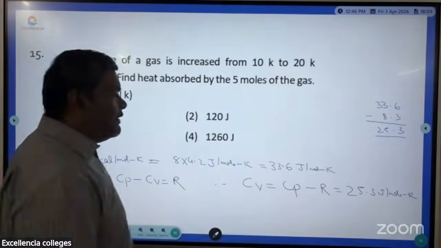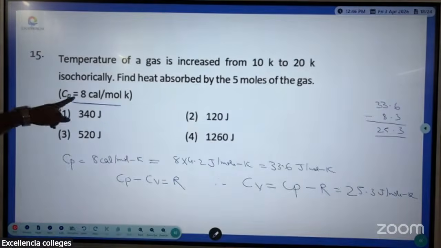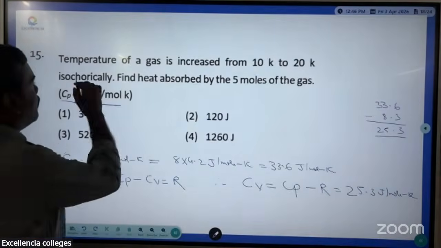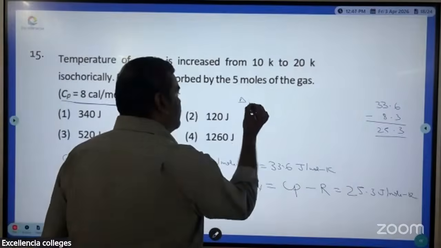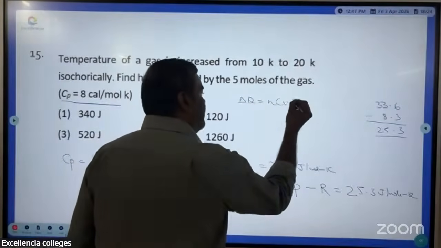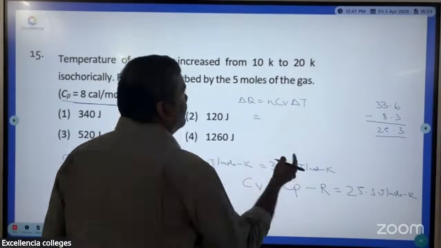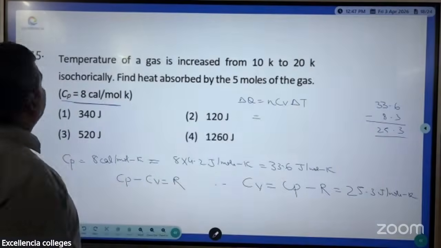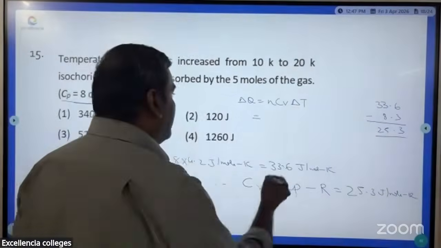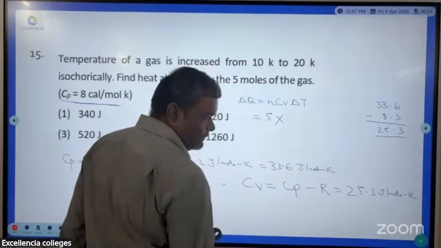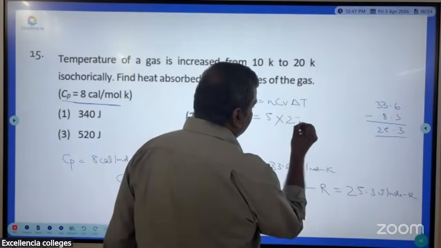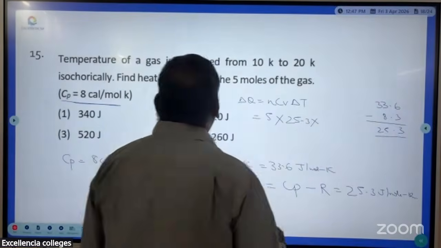Right. So this is the value here, and we can find out the heat absorbed. It's isochoric, so delta Q is equal to n into Cv into delta T, where n is the number of moles, 5 moles. So 5 into Cv, we found 25.3, into delta T.